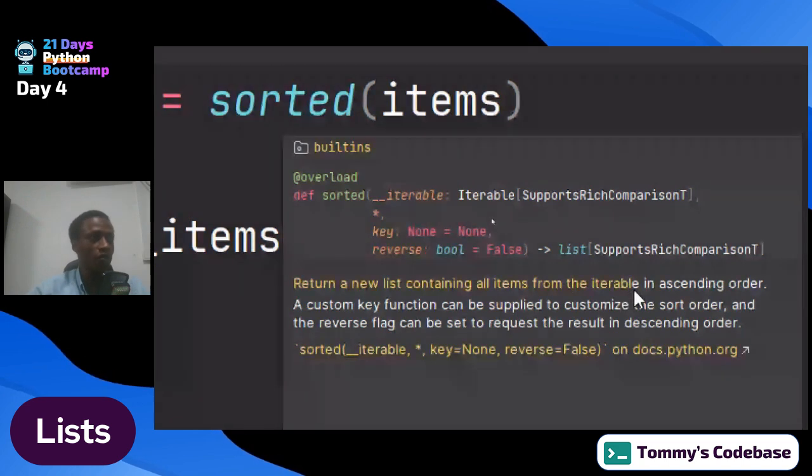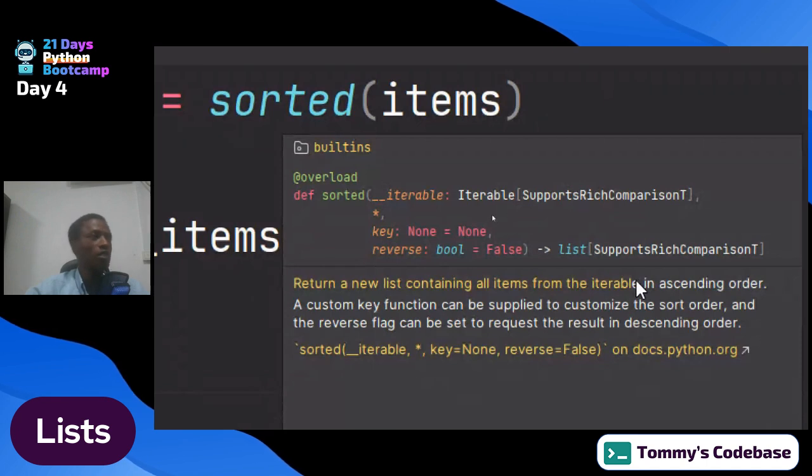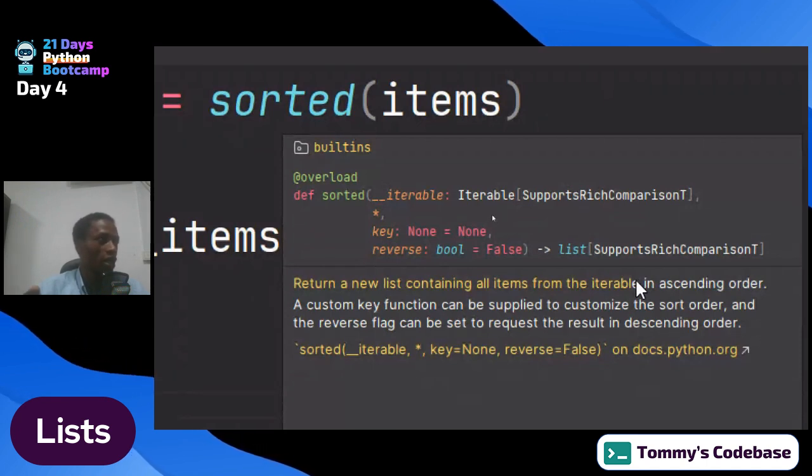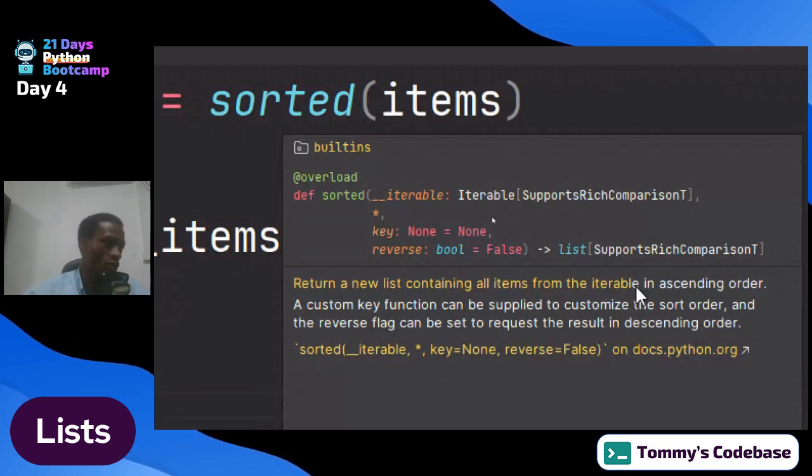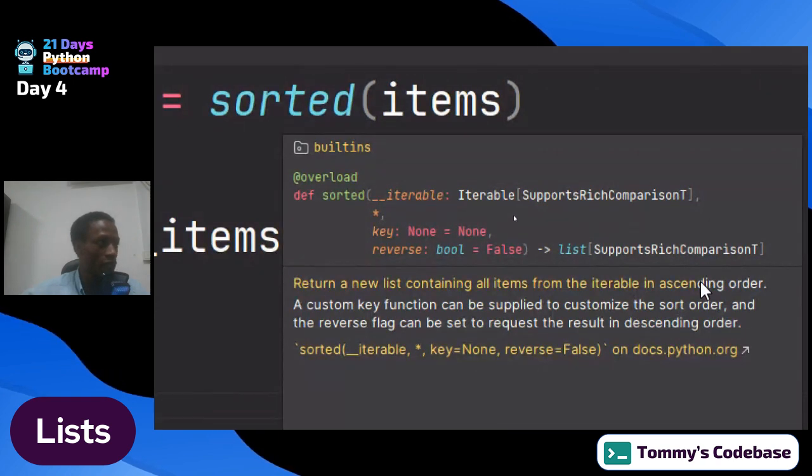Now, when we say an iterable, it's just the things we are discussing today: the list, the tuples, and the set. Anything that's more than one element that we can iterate over, that means go over one by one and perform some operation on, that particular thing is called an iterable. And so it returns a new list containing all items from the iterable in ascending order.